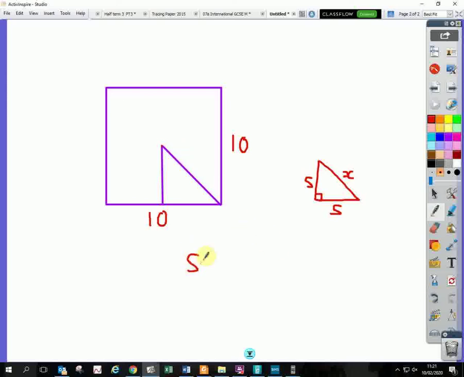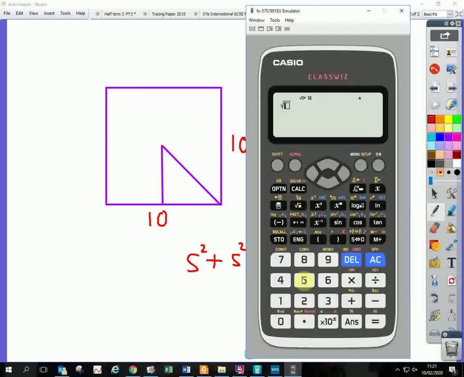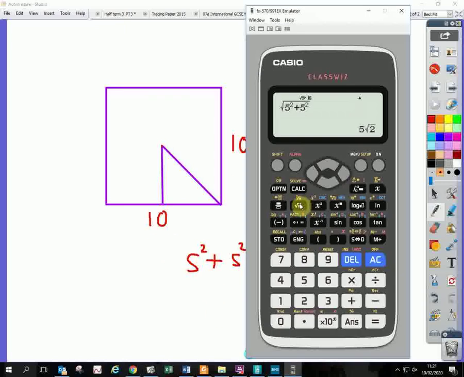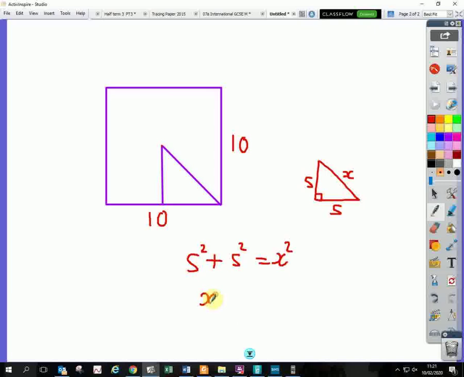So it's 5 squared add 5 squared is equal to x squared. So if I do square root of 5 squared plus 5 squared, that's equal to 5 root 2. Okay, and that has been square rooted as well. So x is equal to 5 root 2.